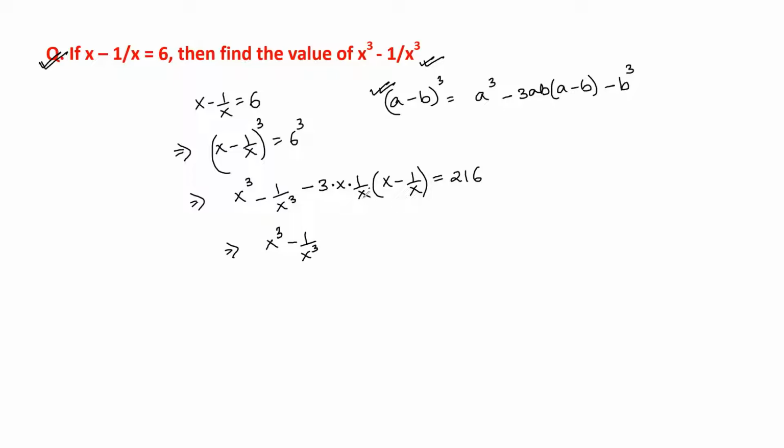We can cancel this x and x and we can replace this x minus 1 by x with 6. So this would be minus 3 times of 1 times of 6 and this would be equal to 216. So from here, x cube minus 1 by x cube would be simply 216 plus 18, which would be 234. So the value of x cube minus 1 by x cube would be simply 234.